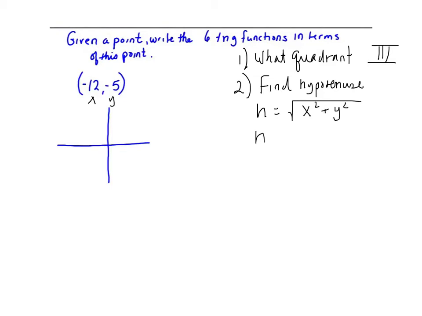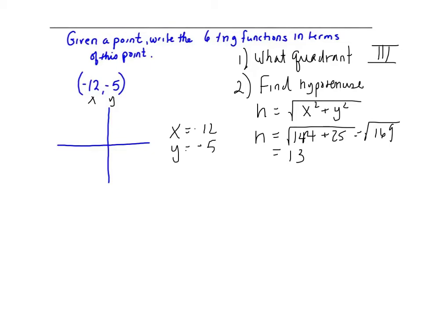And when you square a number, you just get a positive. So I'm going to have 144 plus 25, which is the square root of 169, which is 13. So I have all the pieces now. I know that x is negative 12, y is negative 5, and the hypotenuse, or the radius of the triangle, is 13.